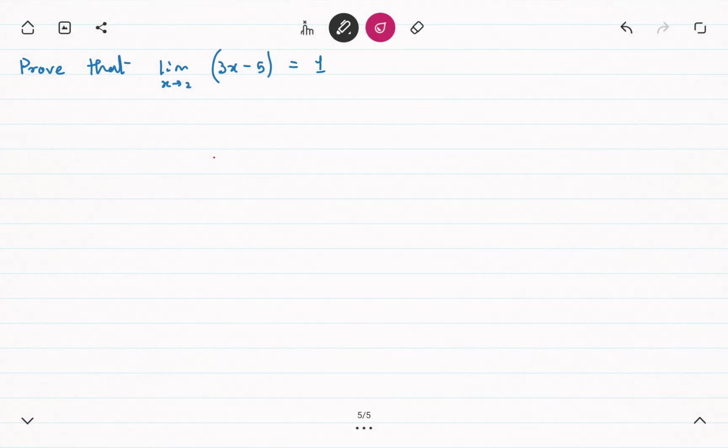Solution. First, let epsilon be a given positive number, or you can write let epsilon greater than 0. That is what it means that epsilon is a given positive number.